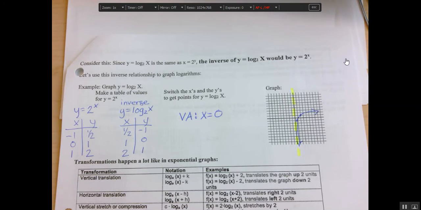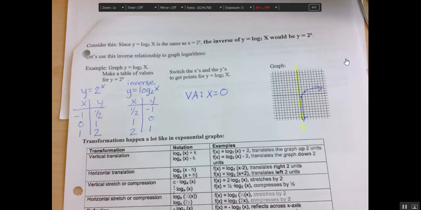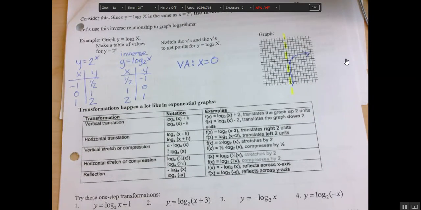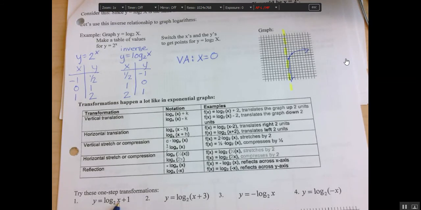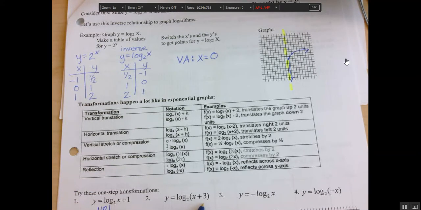All right, this table is outlining all the different transformations you could have. You should not be surprised by them because we've transformed a parabola and an exponential, and the logarithm works exactly the same way. So if you see a +1 after the log, you're going to realize that shifts it which direction? Up 1, good. So this is up 1. What's this one going to shift?